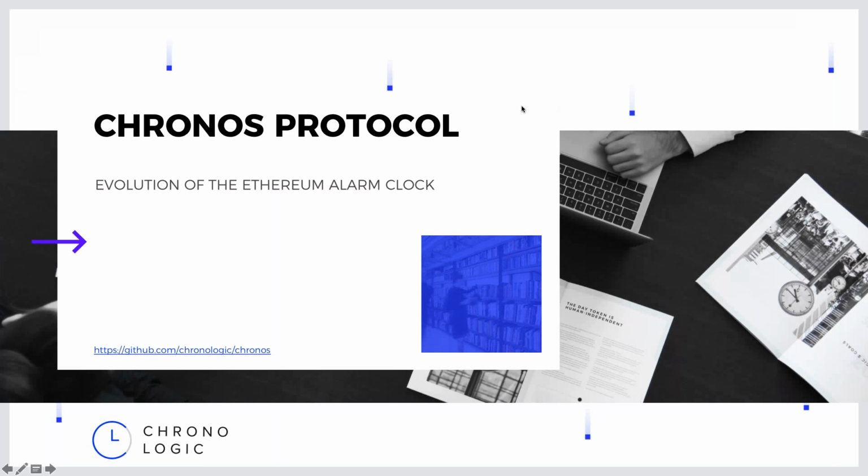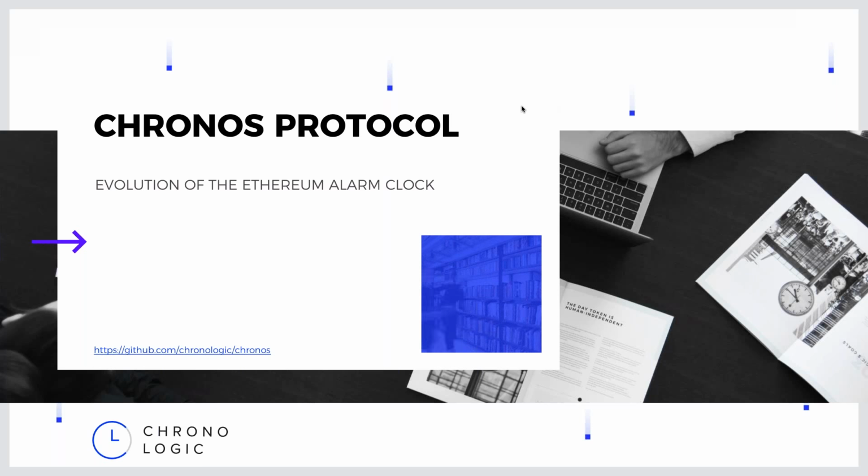Okay, guys, so going to the Chronos protocol now. The Chronos protocol is a next generation scheduling protocol. This is something that we are working on, and this is our child, so to say. We are adding a lot of changes, improvements, experiments, and things that we learned when developing the Ethereum Alarm Clock.